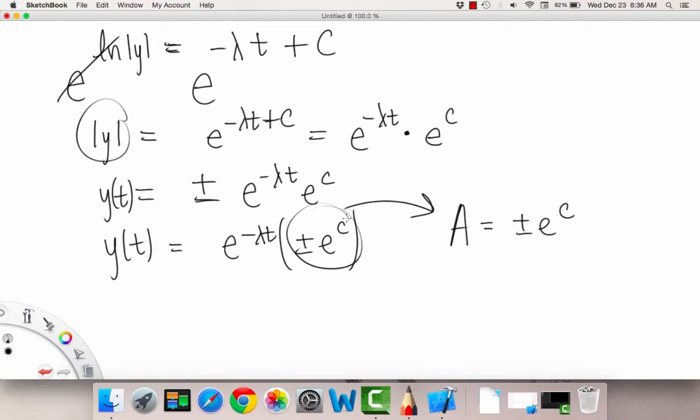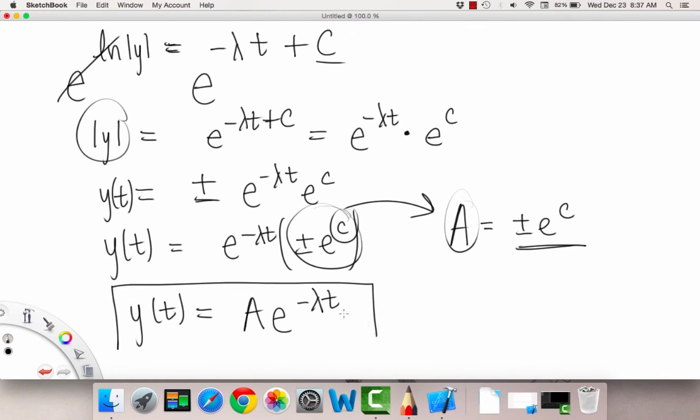It doesn't really matter, because c was just an arbitrary constant that came from the indefinite integral. So we relabel this whole thing with one variable, and ultimately get y of t is equal to A, a constant, times e to the negative lambda t. And that would be it.